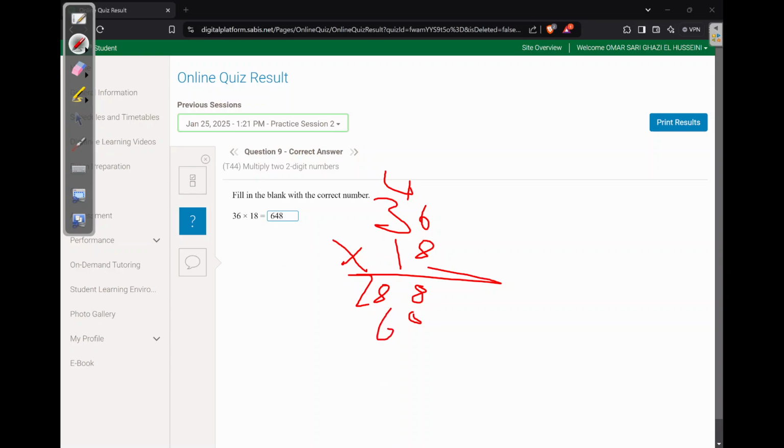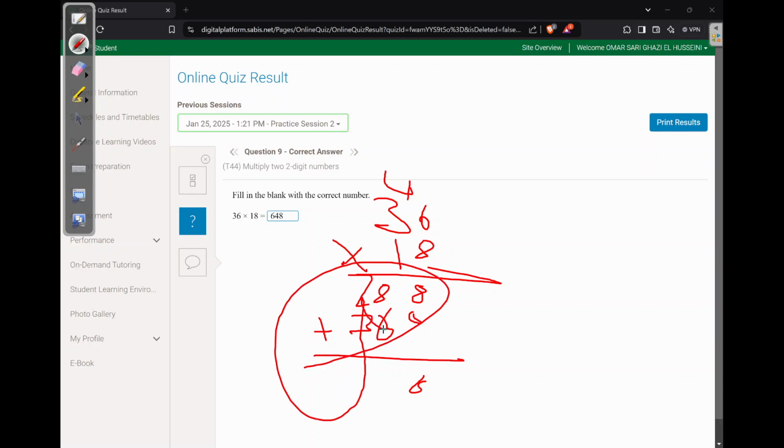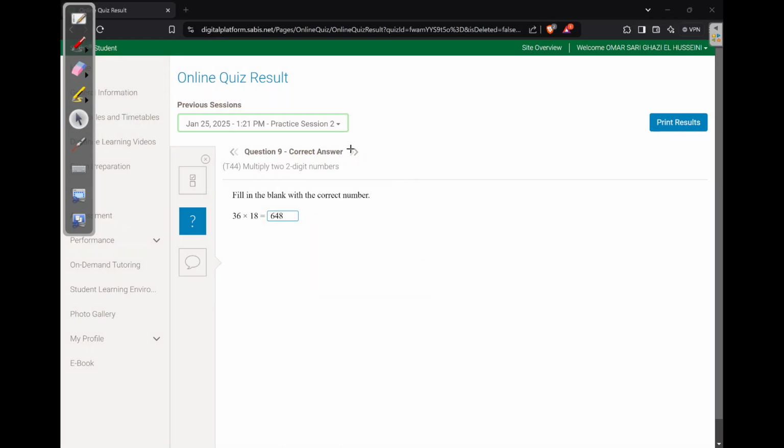Okay, now that's a 6 and 3. 8. Okay, now 6 plus 8 is what the hell? 6 plus 8 is 14. We add that 1. Now that's 6.